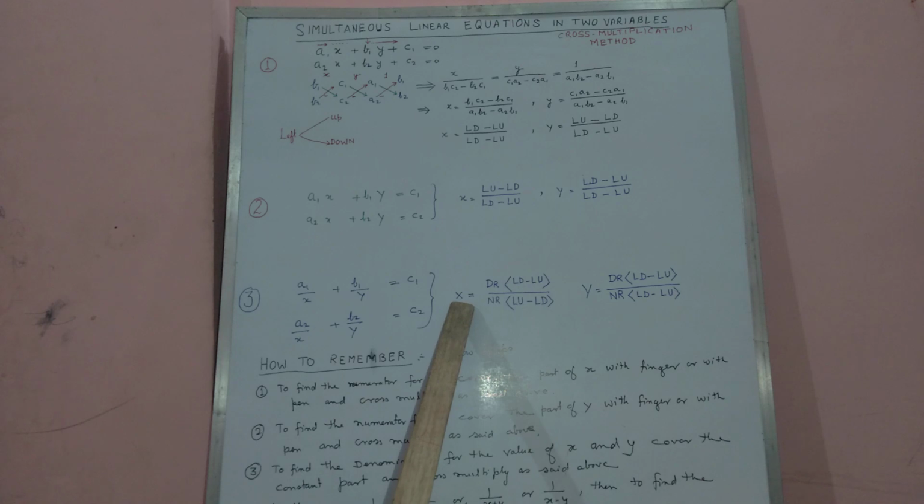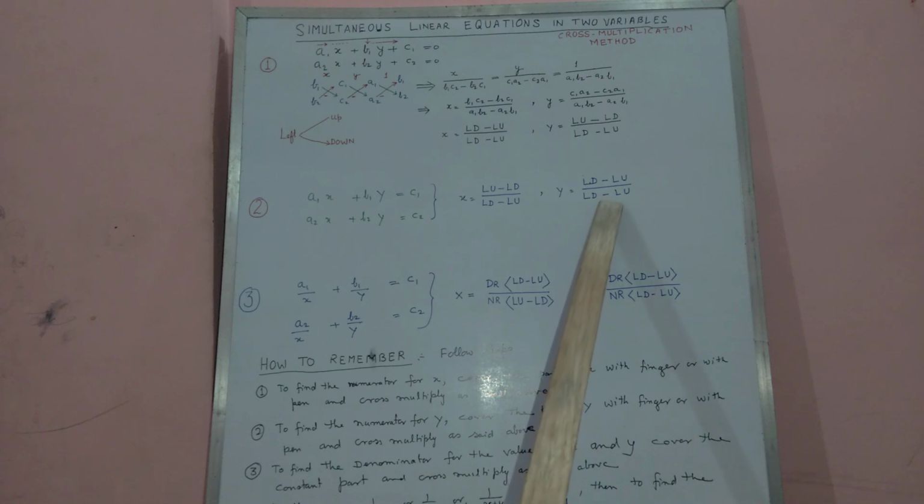So to find the value of x you can straightaway apply this formula. For y, you do the same thing: the denominator part goes up and the numerator comes down.